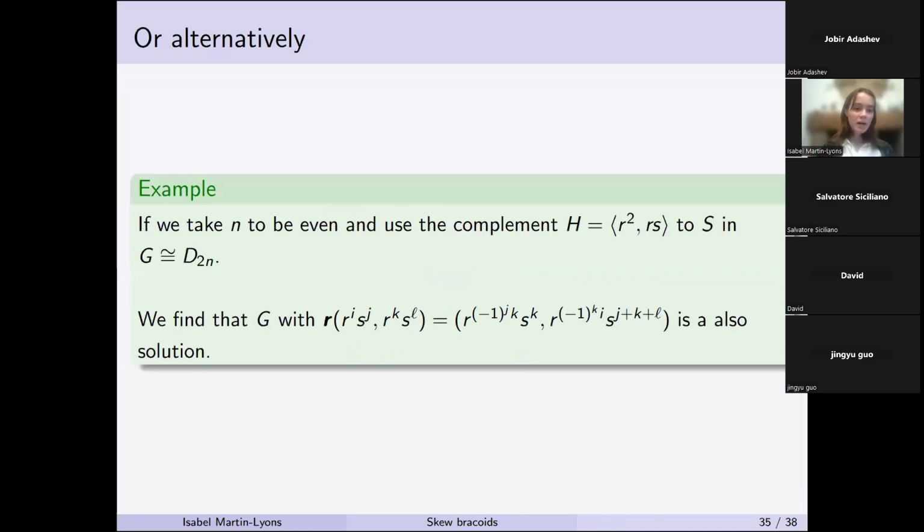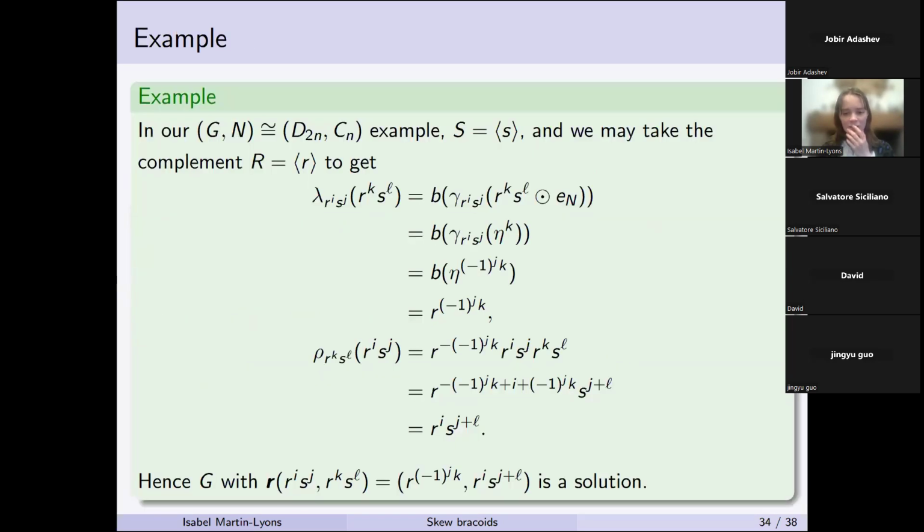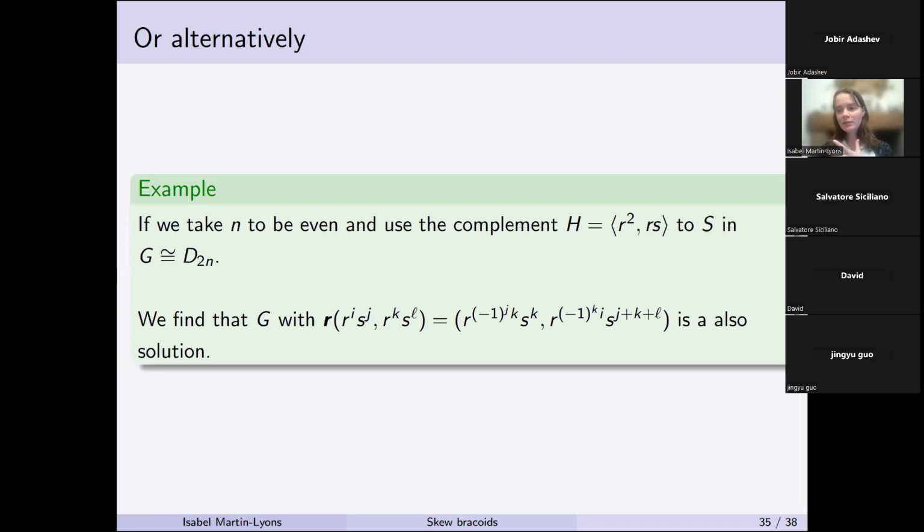Okay, but alternatively, I mentioned in the holomorph formulation that there was another regular subgroup at play. So if we take n to be even, we can also use this complement generated by r squared rs. And running that through, I won't bore you with the details, we get that this is also a solution, and you can see hopefully that it is different in a meaningful way.